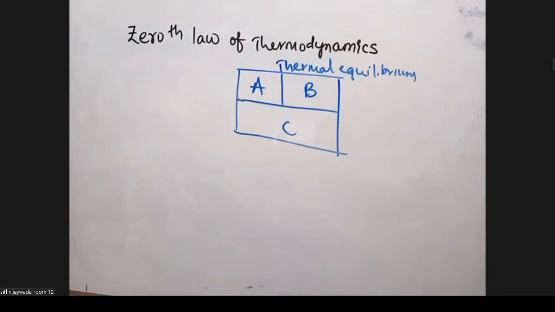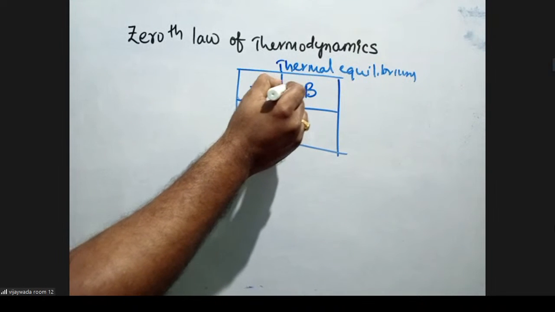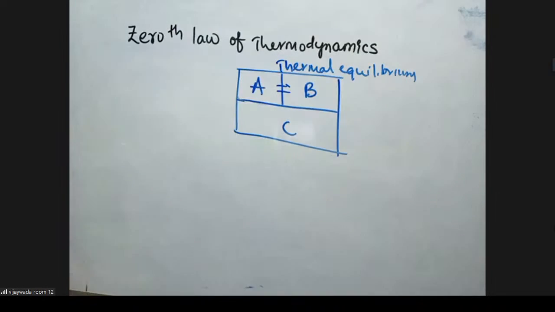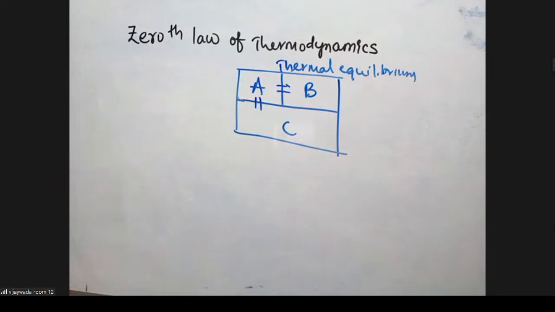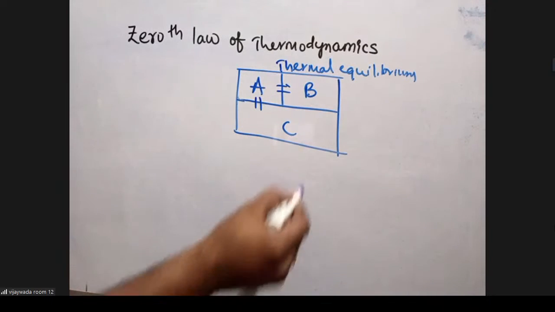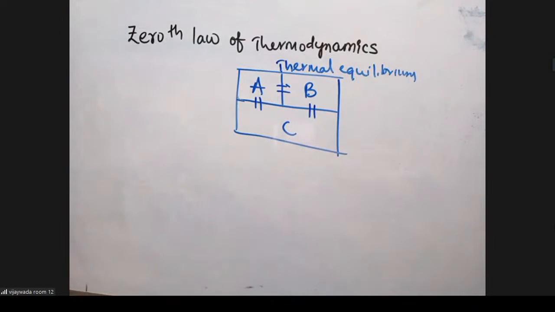If A and B are in thermal equilibrium, and A and C are in thermal equilibrium, automatically B and C are also in thermal equilibrium. That is the zeroth law of thermodynamics.